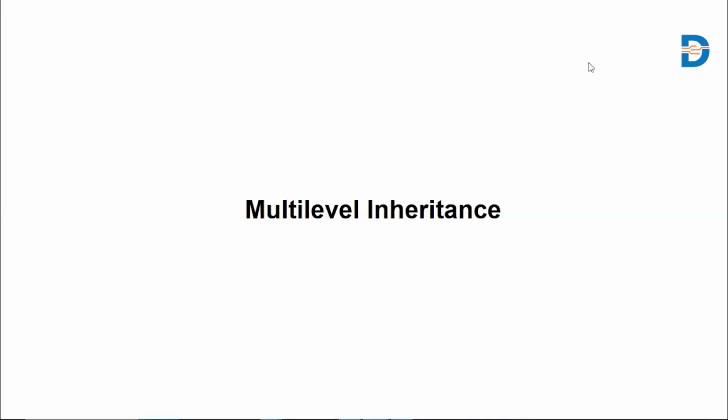Everyone. Today we are going to talk about multi-level inheritance in Python, which is a key concept in object-oriented programming. Inheritance allows classes to inherit properties and behaviors from other classes. Multi-level inheritance takes this concept a step further, creating a chain of inheritance.